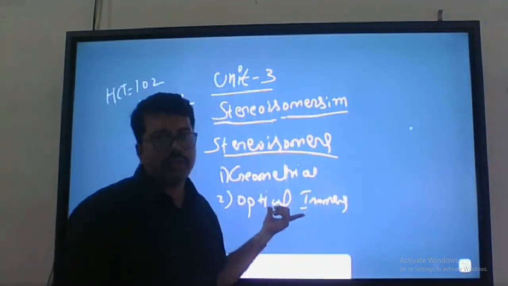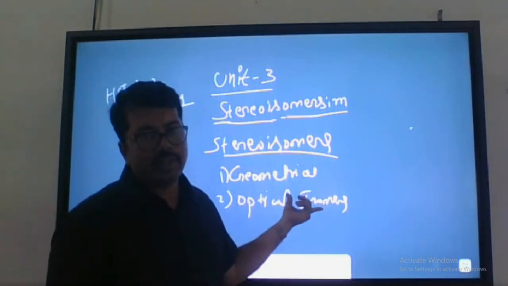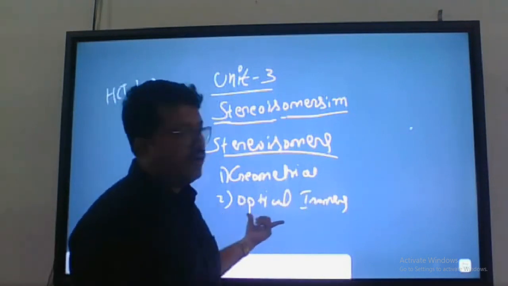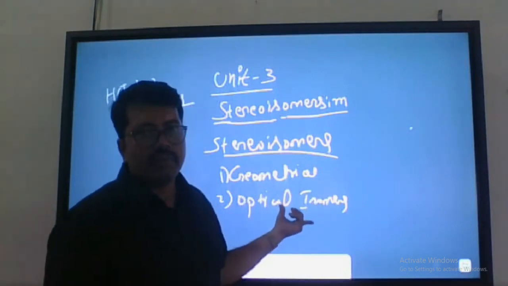One is geometrical isomer, which we studied in the first unit, and the other is optical isomer.